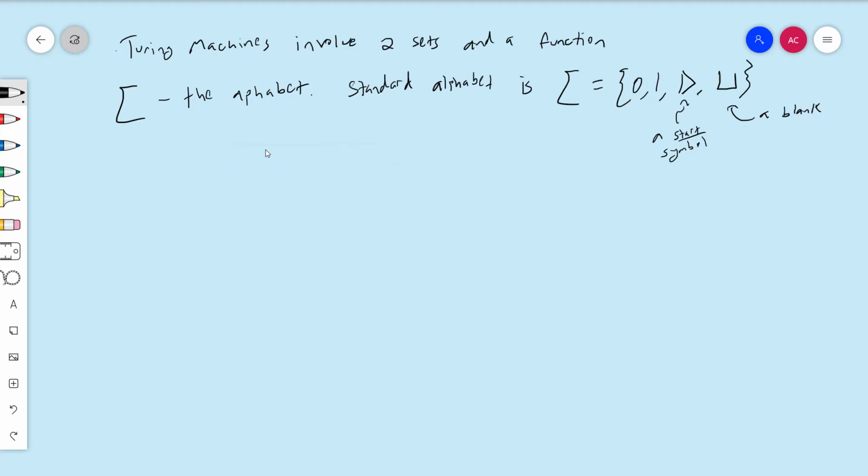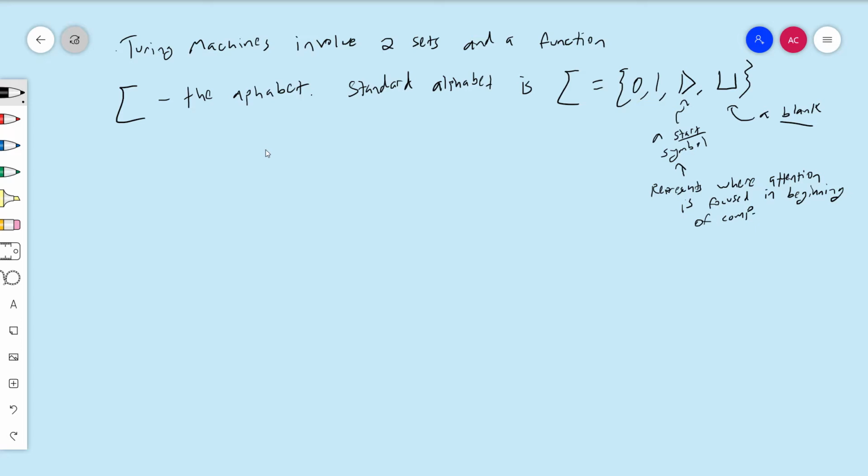So blanks represent blanks, and the start symbol represents where attention is focused in the beginning of the computation. That's the purpose of these two special symbols.